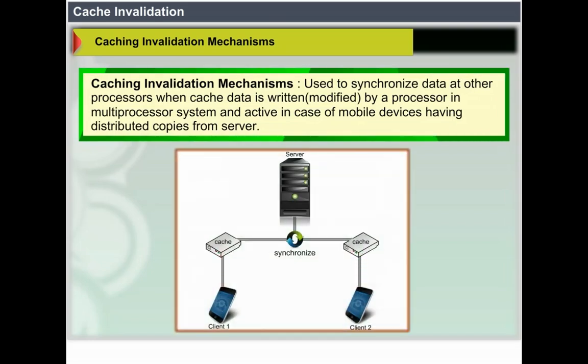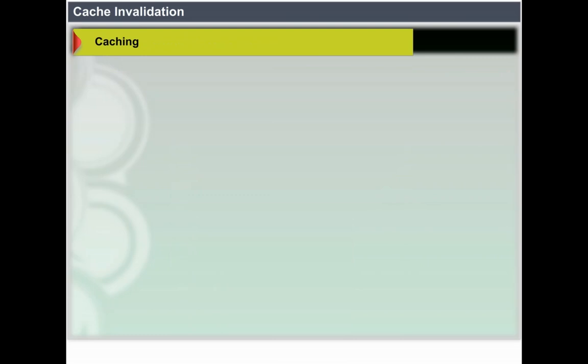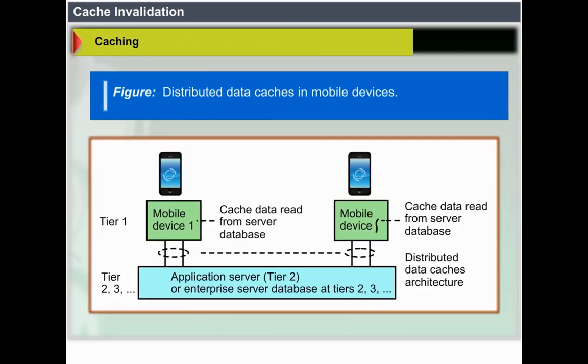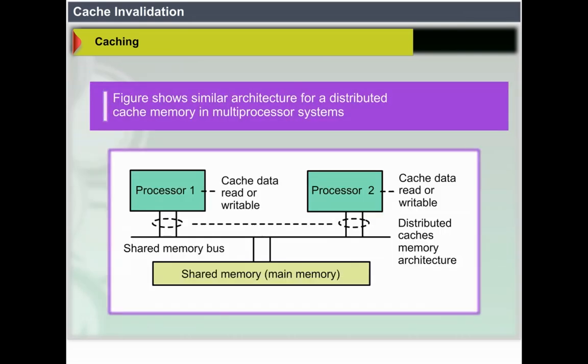Caching invalidation mechanisms are used to synchronize data at other processors when cached data is written or modified by a processor in a multiprocessor system, and are active in case of mobile devices having distributed copies from the server. Caching. Figure shows distributed data caches in mobile devices. Figure shows a similar architecture for a distributed cache memory in multiprocessor systems.